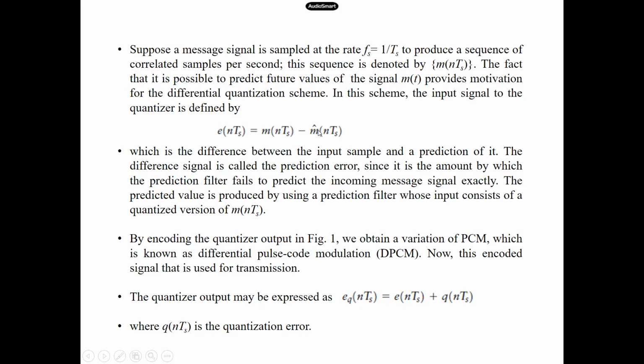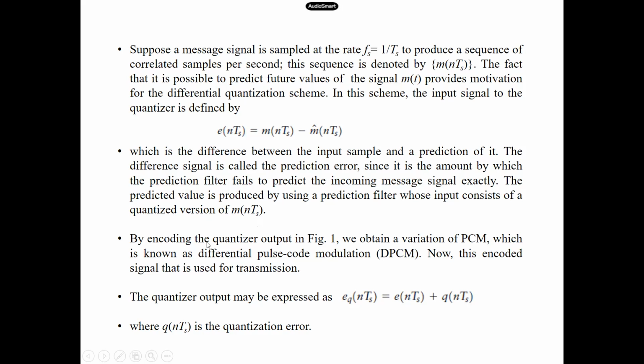So the value is predicted on the basis of the previous samples. The difference signal is called the prediction error, since it is the amount by which the prediction filter fails to predict the incoming message signal exactly. The predicted value is produced by using a prediction filter whose input consists of a quantized version of m(nTs).